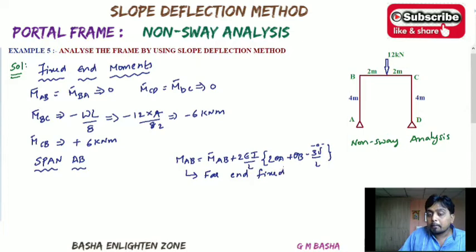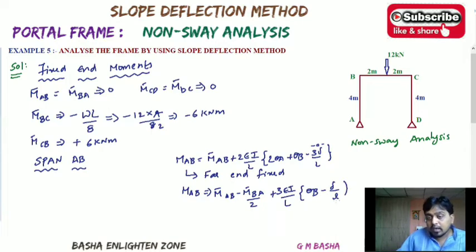But whenever the far end is simply supported, at that time the formula changes to M bar AB minus M bar BA by 2 plus 3EI by L into theta B minus delta by L. Again here this delta is also for the sinking of the supports.